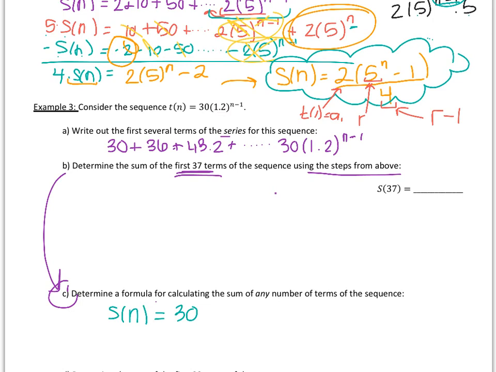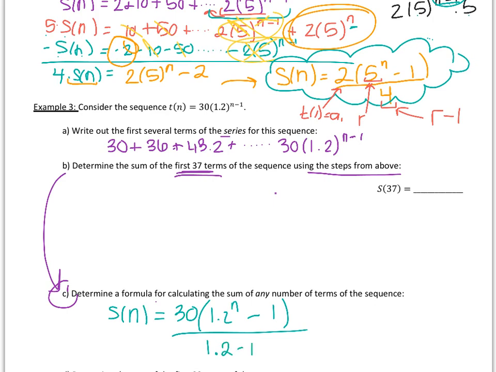So it's 30 times 1.2 raised to the n, and then back up here, minus 1. I'm going to continue that, minus 1, divided by, and then up here where we had 4, that was generated by subtracting 1 from our multiplier. So I'm just going to take 1.2 and subtract 1. In fact, I can just write that out, 1.2 minus 1.